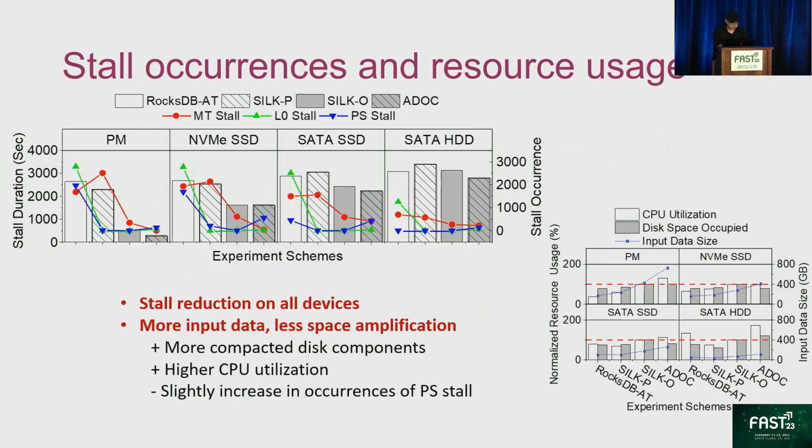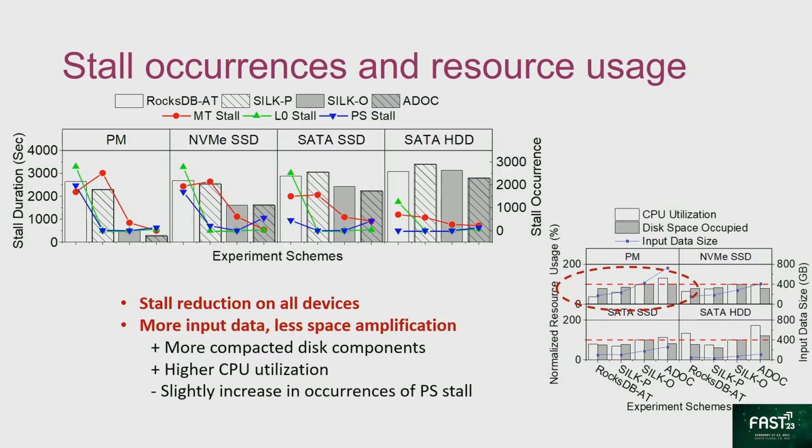In this figure, we compare the stall duration and different kinds of write stalls. We can see here that ADOC shows significant stall reduction on all devices, which is shown by the bars here. But we found the occurrence of pending bytes input stalls is slightly increased, which is shown by the blue lines here.